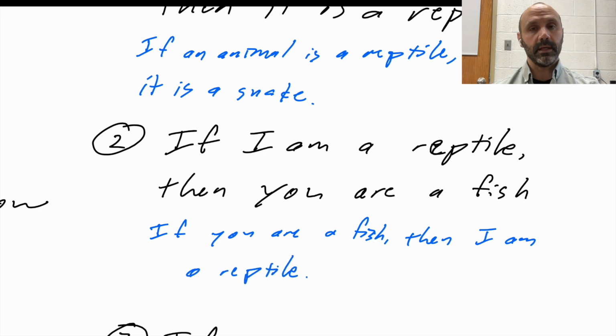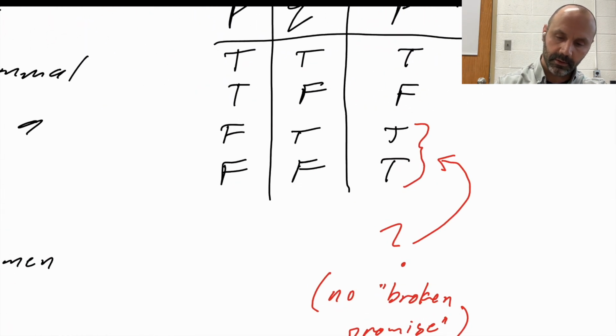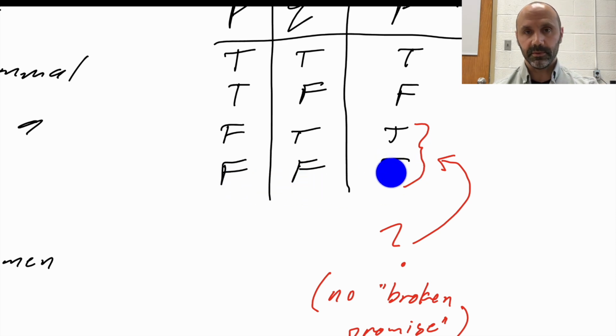In this case, again, the converse is true because you're not a fish. So the hypothesis is false, and in our truth table, that would be down here. We're in this last line. Both of those are false, and so the whole conditional is considered to be true.